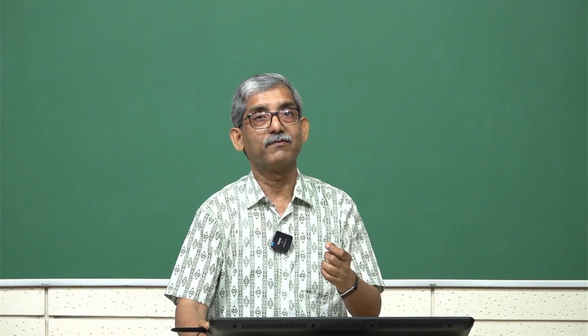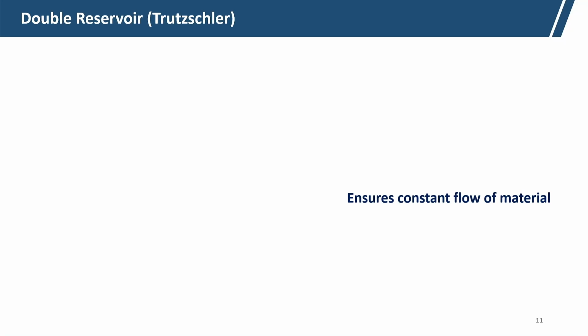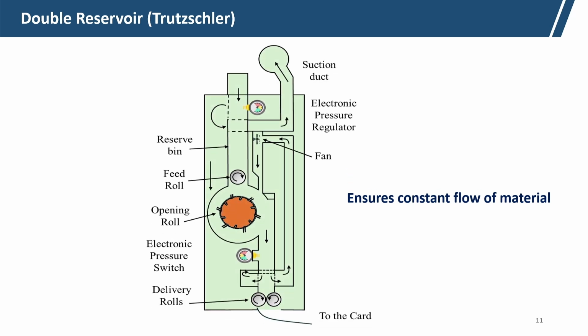And in Trützschler, they have come up with the double reservoir, so that it ensures flow of material. Here we have a double reservoir, this is one reservoir, another reservoir is here. In Ritter it was a single reservoir with the photocell, but here it is a double reservoir with the electronic pressure regulator.